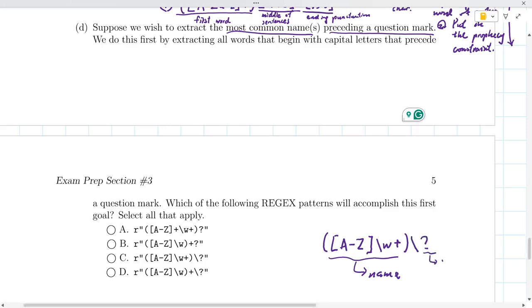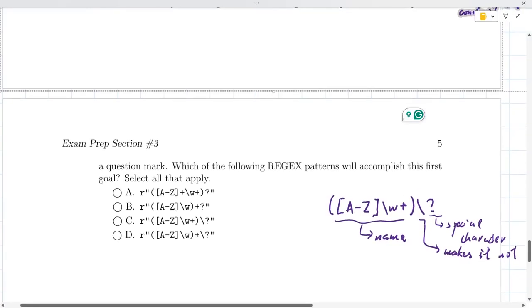But keep in mind that question mark is a special character, so you must escape it, or make it not special anymore, by using a backslash. So now the question mark is no longer special. And you have this pattern, which corresponds to the name, and then a question mark that is not a special character.